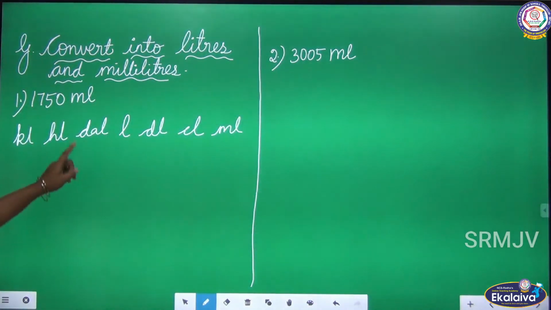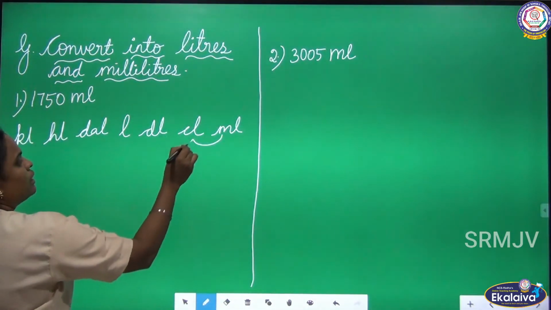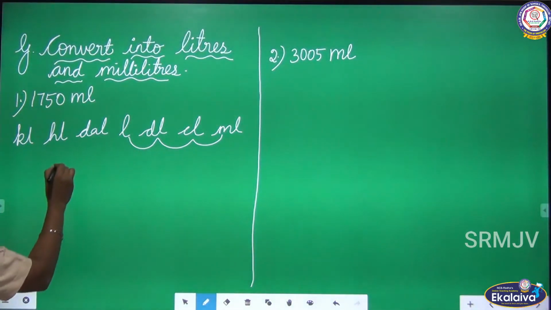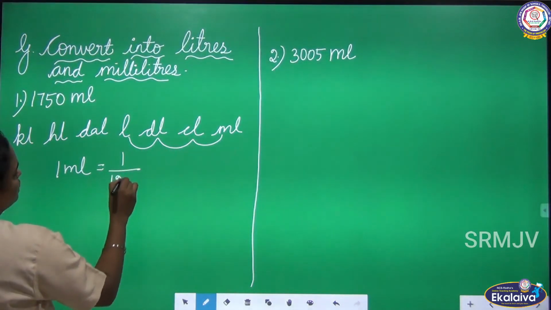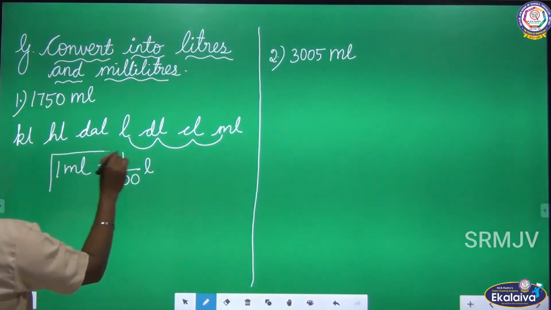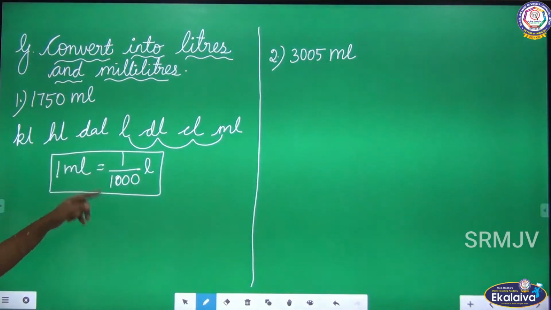So we are going to convert milliliter into liter. So 1 milliliter equal to how many liters, children? 1 milliliter equal to 1 by 1000 liter.